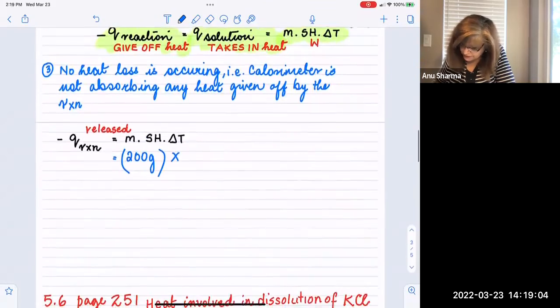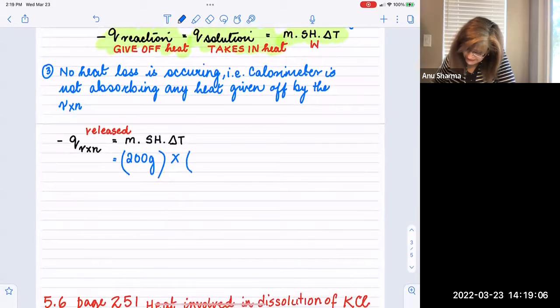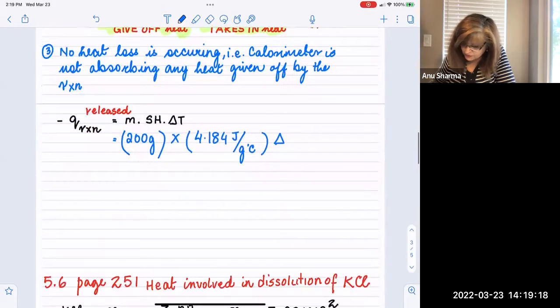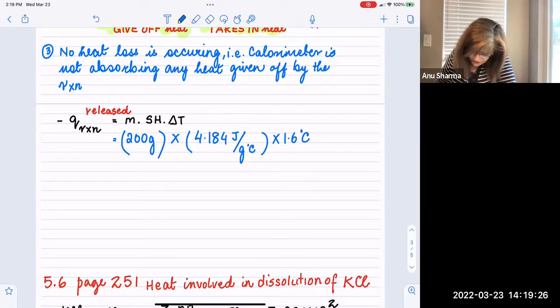Then comes the specific heat of water, 4.184 joules per gram degree Celsius, times delta T. Delta T is 1.6, a positive number, so times 1.6 degrees Celsius. And here you have the Q of the reaction.